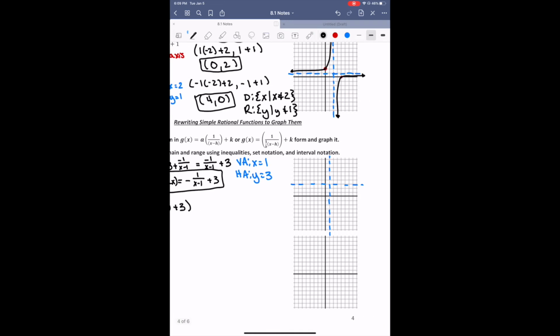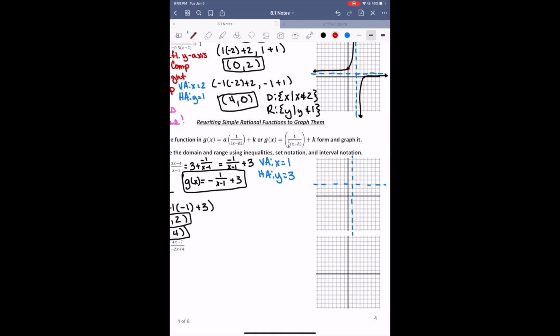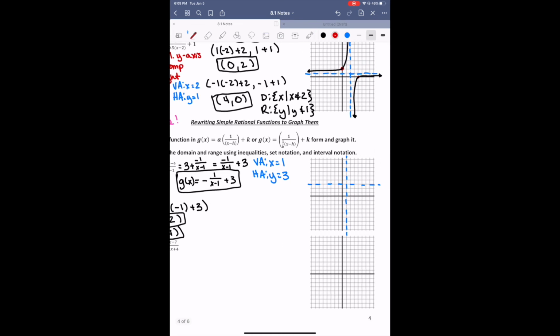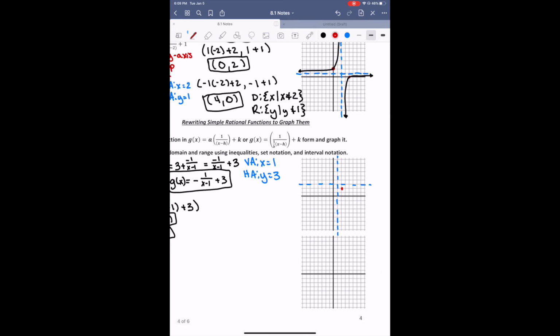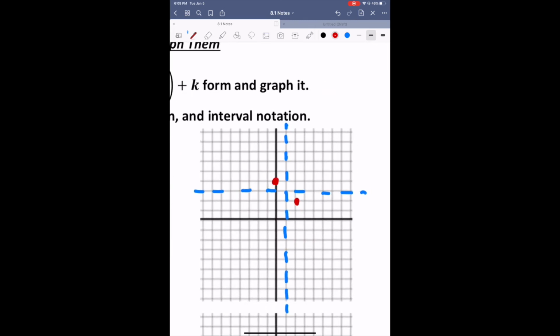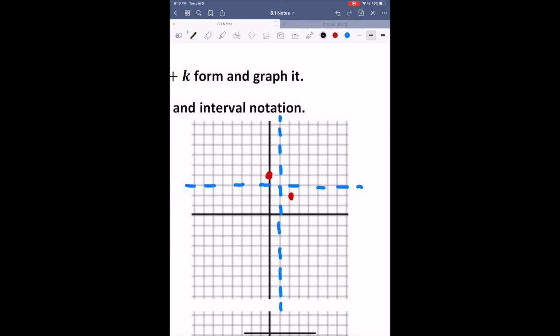Plot those. 2, 2, and 0, 4. Use them as turning points here towards our asymptotes. And we have our function.